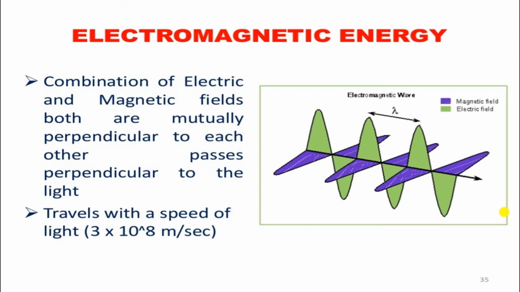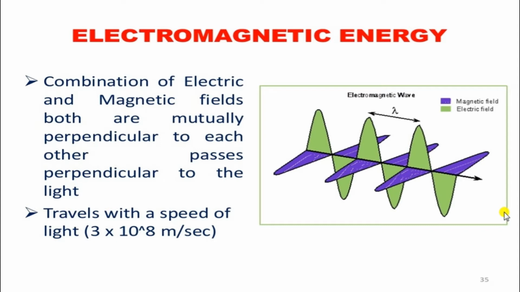We previously discussed that remote sensing is based on EM radiation, electromagnetic radiation. But if we want to know how electromagnetic energy correlates with the different characteristics of an object, it is a combination of electric and magnetic fields, both mutually perpendicular to each other and perpendicular to the direction of travel of light.